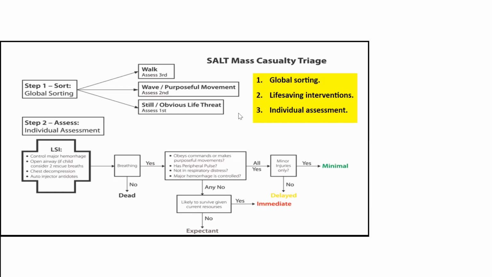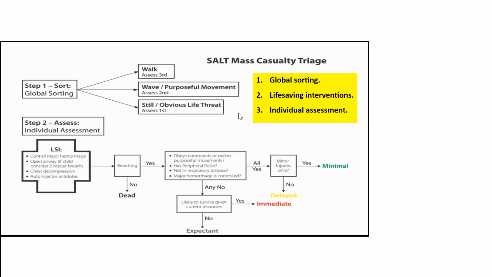Okay. Then the next part of it is individual assessment and life-saving interventions. And again, here you can see you're looking at control of major hemorrhage, opening the airway. In a child, you can give 2 breaths, chest decompression, auto-injector. It's that simple. Those are the life-saving interventions.